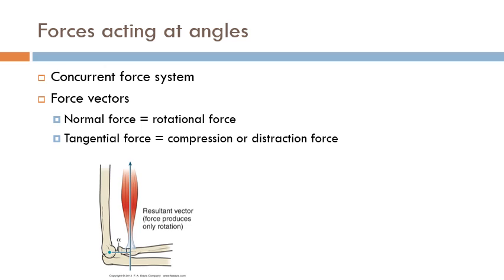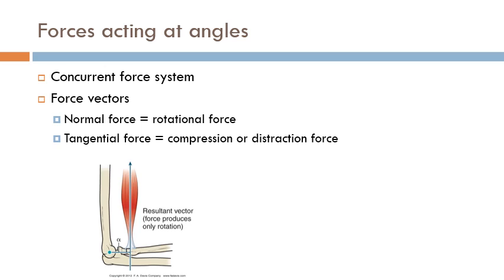Remember going back to the torque picture, when I showed the three different positions of the shoulder going through shoulder flexion. When the shoulder was at 90 degrees moving up, all of the forces were strictly being put towards rotation.